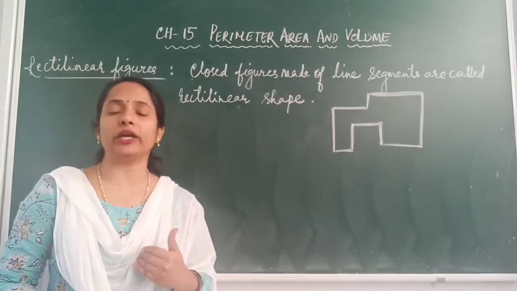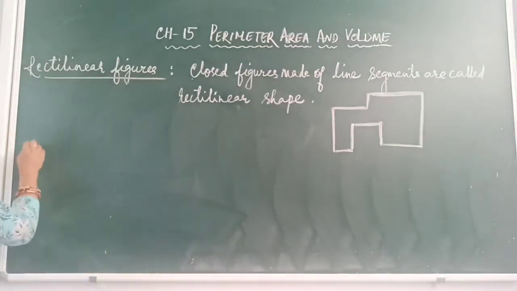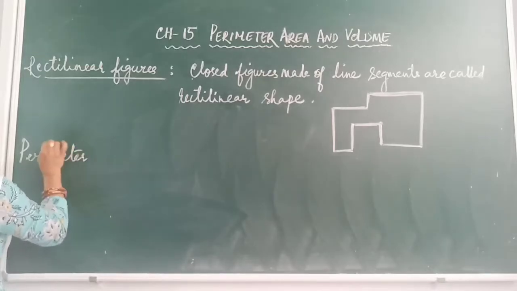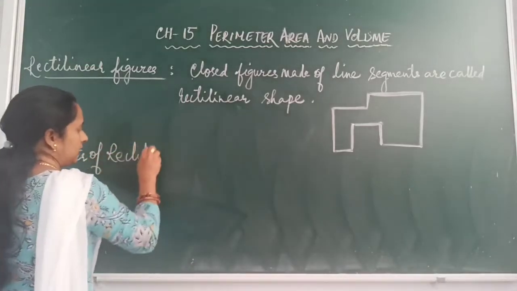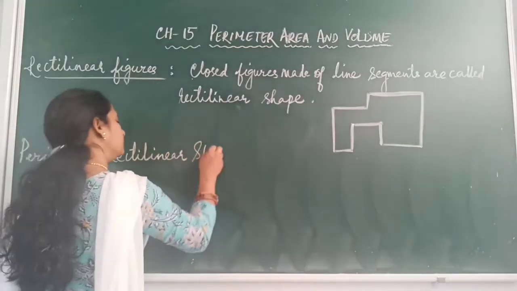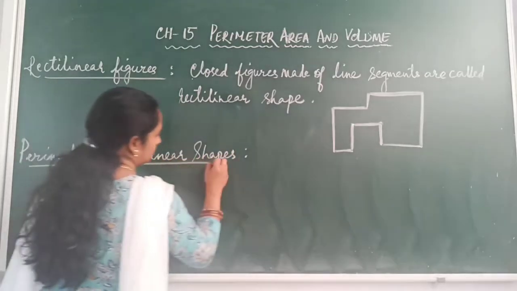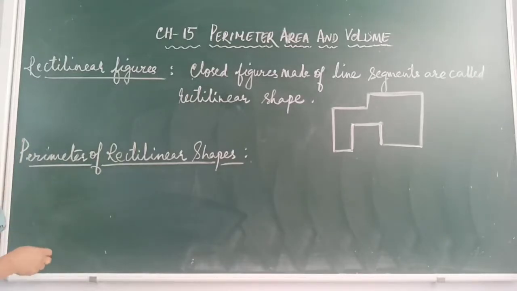Now what we will do with this type of figures? Now we are going to understand how to find the perimeter of rectilinear shapes. Perimeter of rectilinear shapes. Now just have a look. Perimeter of rectilinear shape.